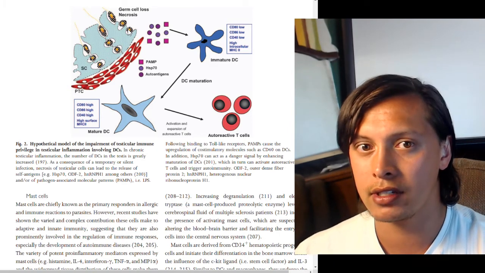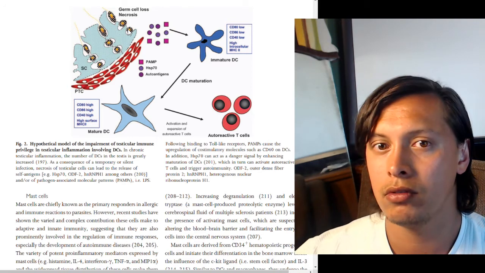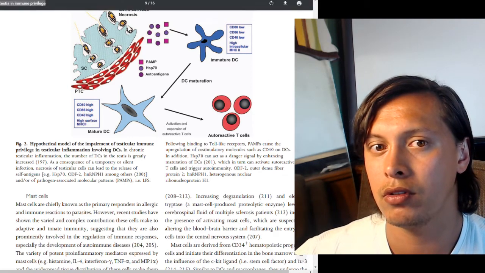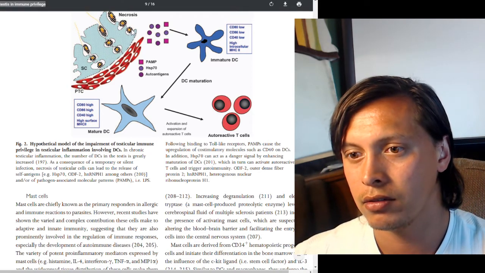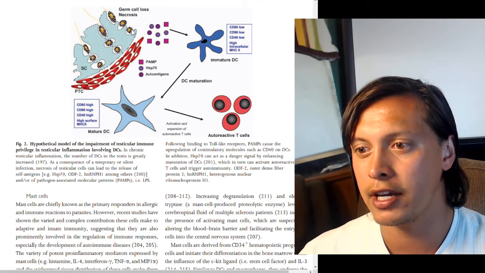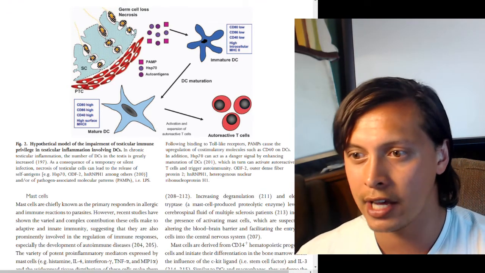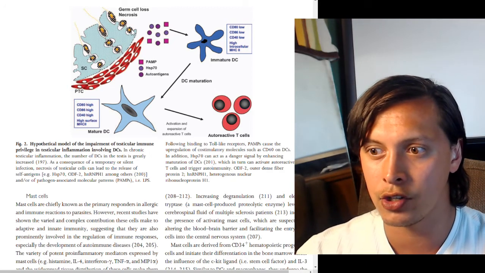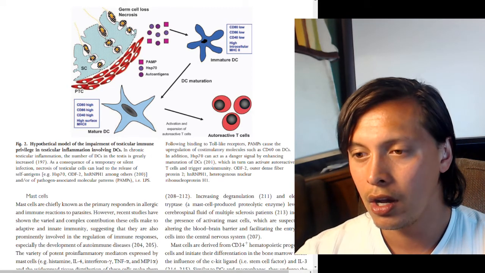So if a virus was able to get into a germ cell and kill it, rupture it, induce inflammation, and not just that germ cell, it'd probably be able to get into multiple germ cells.